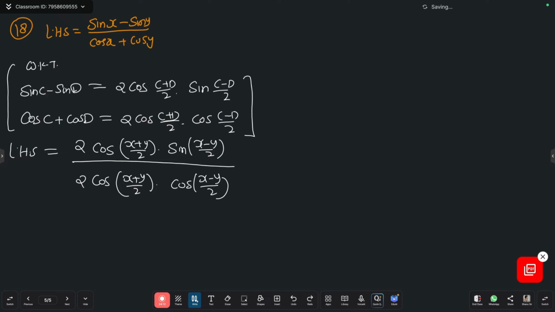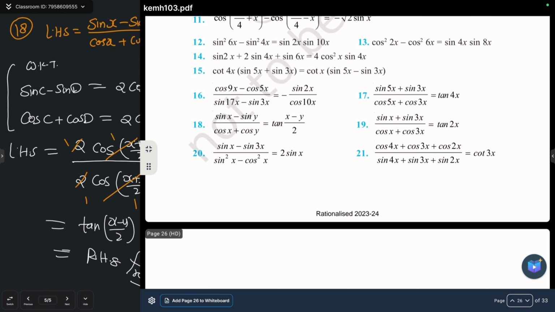The 2s cancel, and cos (x plus y) by 2 is also the same on both. So remaining is sin (x minus y) by 2 upon cos (x minus y) by 2, same angle, and sin upon cos is tan. So it is tan (x minus y) by 2, the RHS came. Okay, proved.